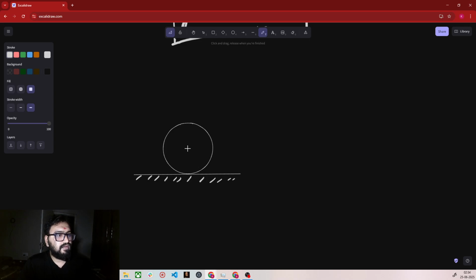It has been given to me that the radius of this cylinder is r, and it is moving with a velocity of, let's say, v. The axis of the cylinder is moving with a velocity of v, which means that the translational velocity of the cylinder is v.